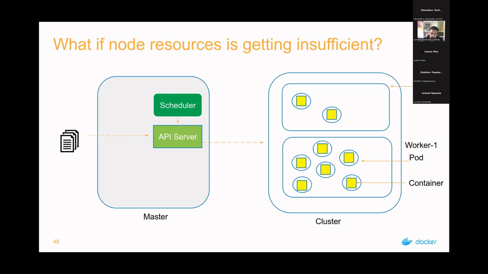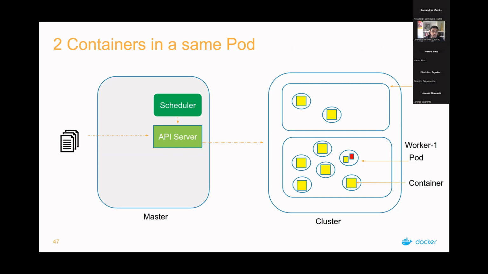Consider that the worker is typically one node, one machine, and so that means adding new machines into the cluster. So we add the new node into the cluster. The other thing that we can do is also putting two containers in the same pod. Okay, and that could help in scaling the service itself.